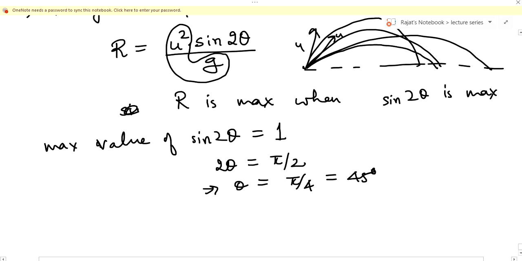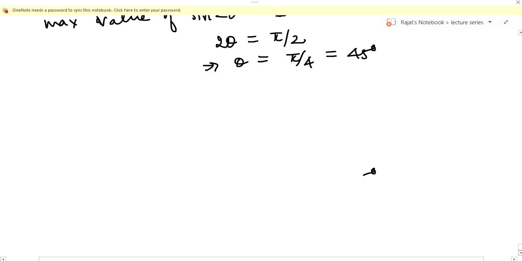So range is maximum when theta is 45 degrees. This is also an important thing. Sometimes in the question they do not specify the angle. They will say that the projectile has been thrown for maximum range. If they're saying that, you have to assume that theta is 45 degrees.